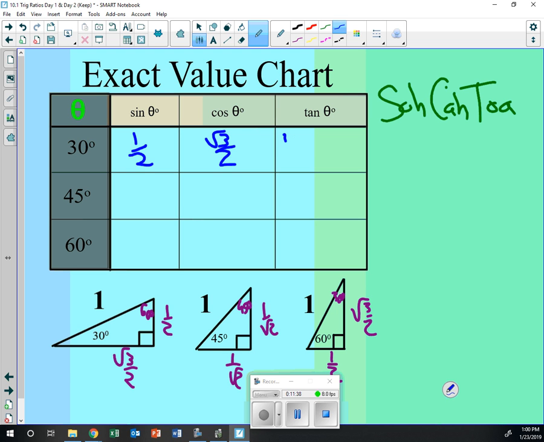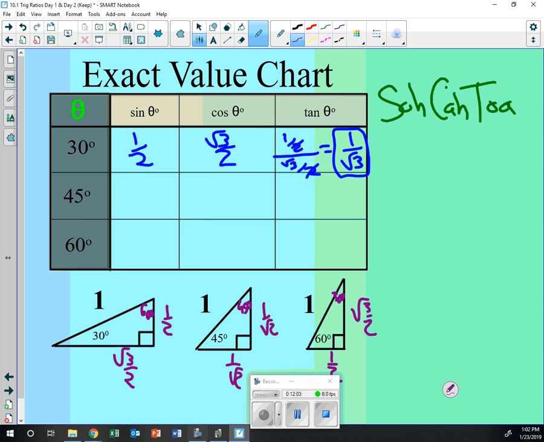That's just going to be 1/2 divided by square root of 3/2. What cancels out? The 2's. So this will be 1 over the square root of 3. How many got all 3 of those? Right. Any questions on that? You try the next 2.